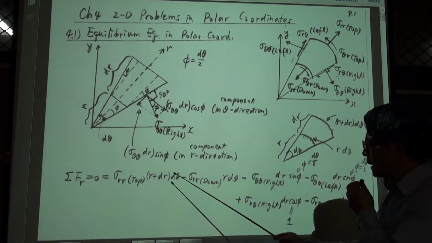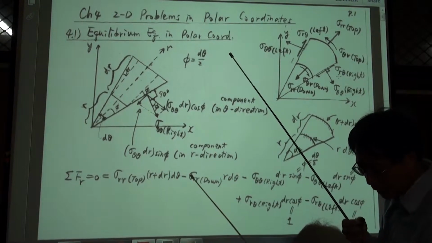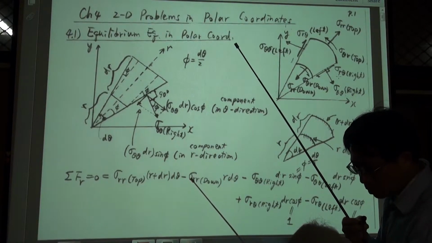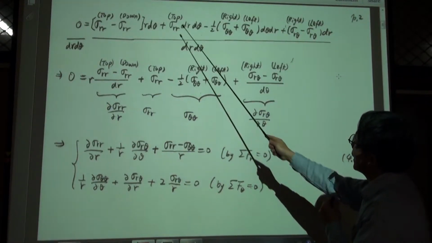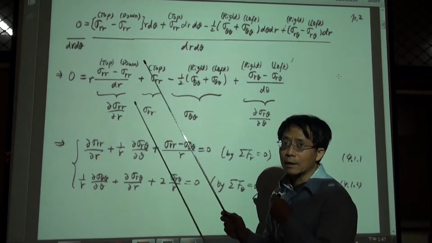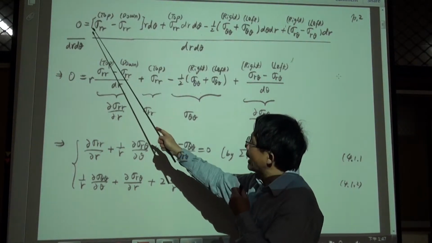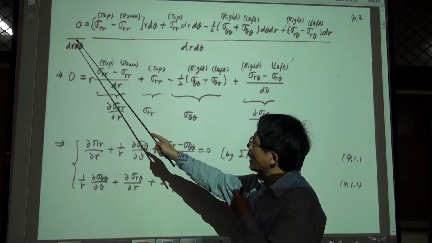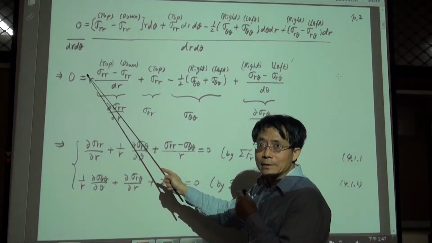Having this equation, we copy this equation to the next page. Here. Okay, we just copy the same equation here. Now we can divide this equation by dr d theta on the left hand side and right hand side.